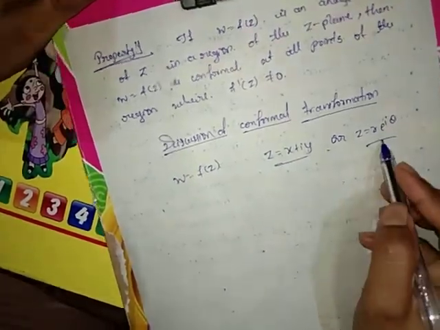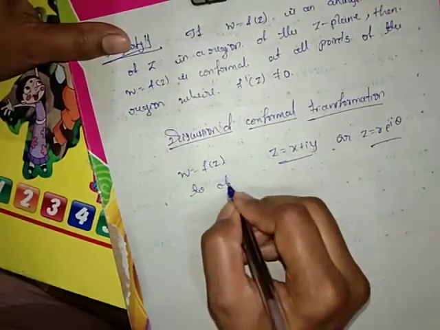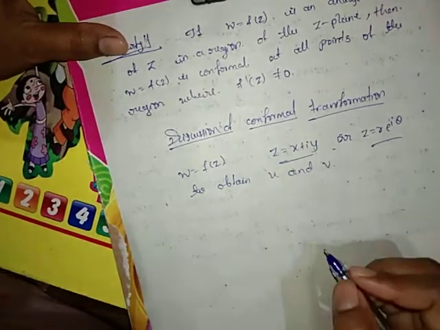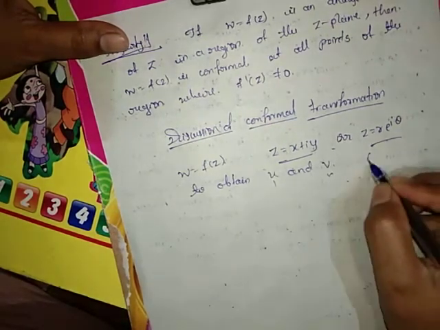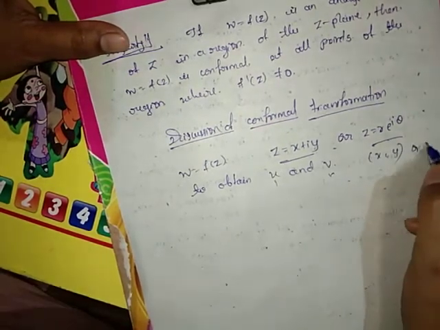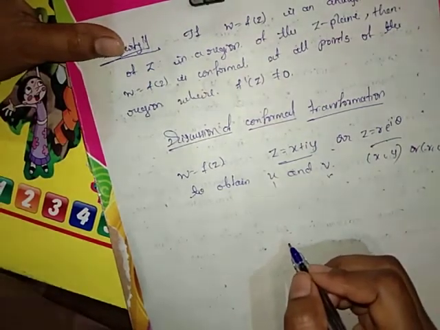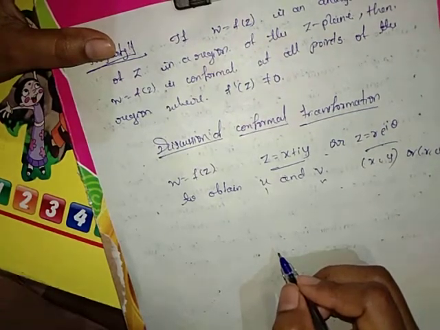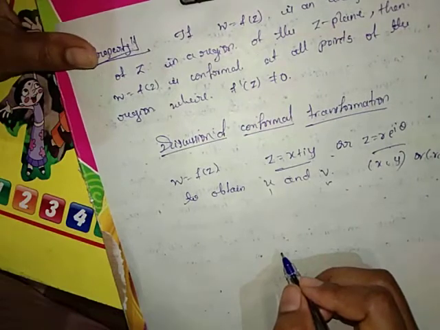These will be used to obtain u and v, either as functions of x and y or as functions of r and theta. First we find the images in the w plane corresponding to the given curve in the z plane.